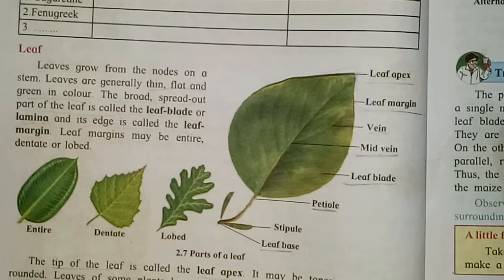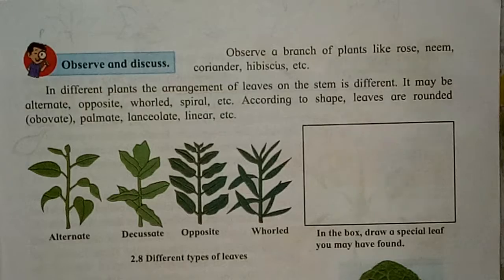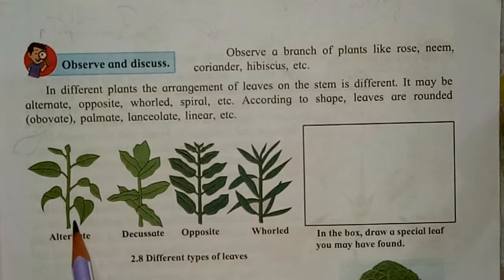Now let us see some different kinds of leaves. There are different types of leaf arrangement in different plants. For example, this is the alternate type of arrangement.